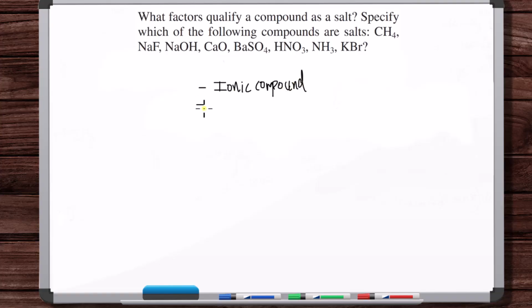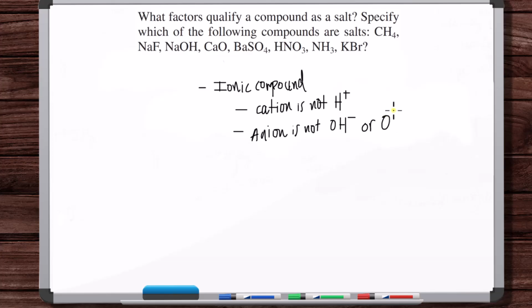But it's an ionic compound where, as with any ionic compound, the cation is not H plus, and the anion is not OH minus or O2 minus. Then you have a salt.